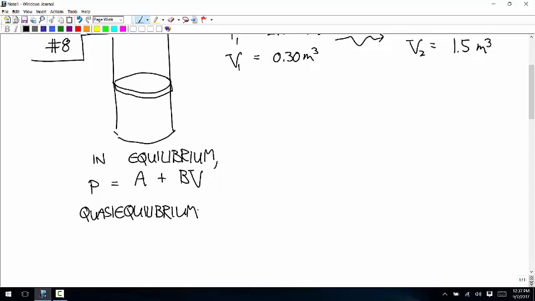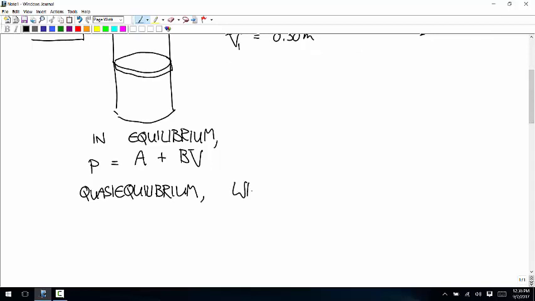Quasi equilibrium means that this expansion, or whatever process you're dealing with, is happening slowly enough that it's like there's equilibrium at every point. Whatever rules hold for equilibrium, you can assume they hold through the whole process. So we're going to assume that pressure is going to, through this process, vary linearly. And we are trying to find the work.